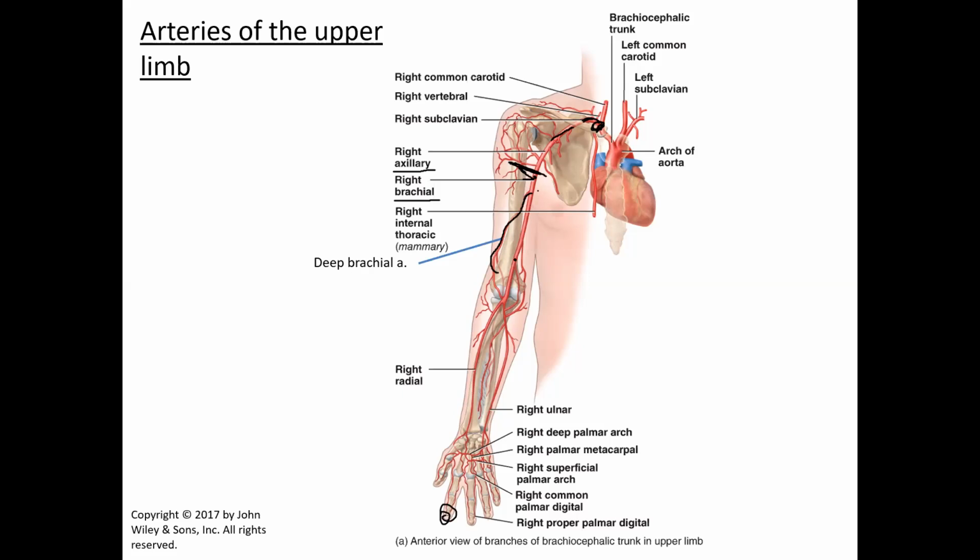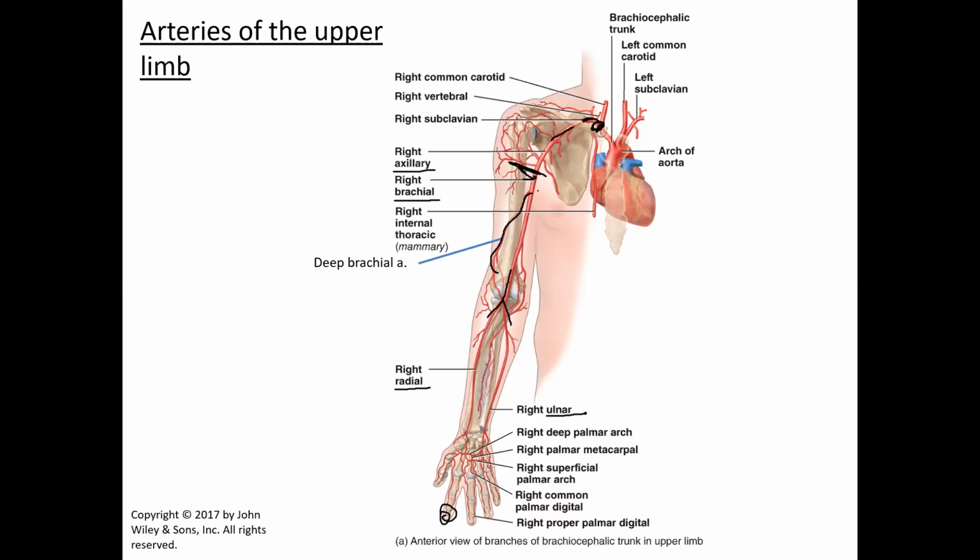Now we'll come back to the brachial. The brachial artery comes down, down, down, and it's going to cross the elbow and divide. It splits right here to give us the radial artery on the radial side, so lateral, and the ulnar artery on the ulnar side, so medial.